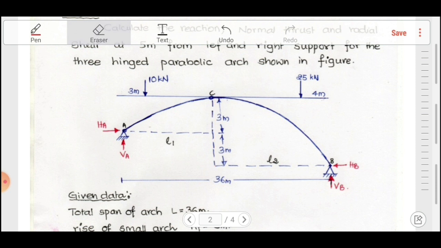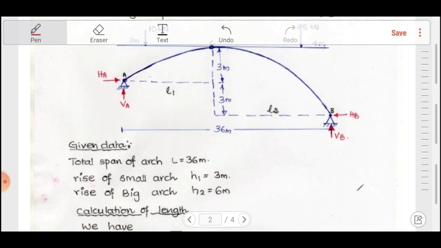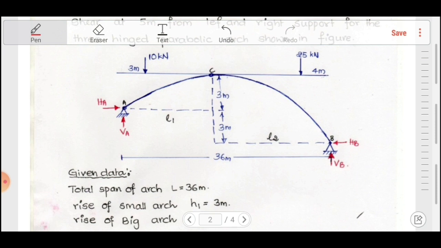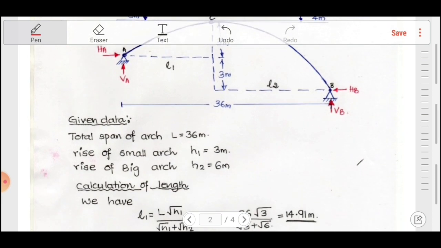Okay, now first thing you have to do is go with the calculation of L1 and L2, that is half of the span of the smaller arch and half of the span of the larger arch. For that, the given data are the total span of the arch, that is 36 meter, hence L is equal to 36 meter, and the height of the smaller arch is H1 and the height of the larger arch is 6 meter.